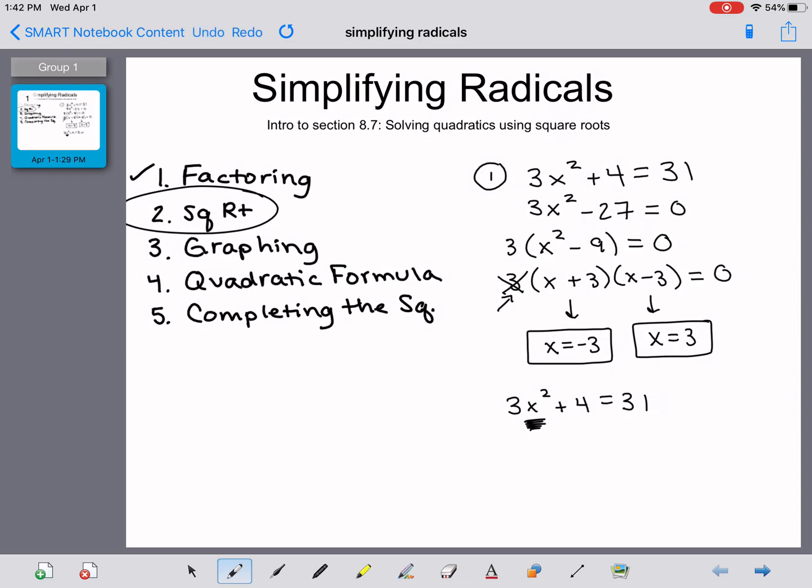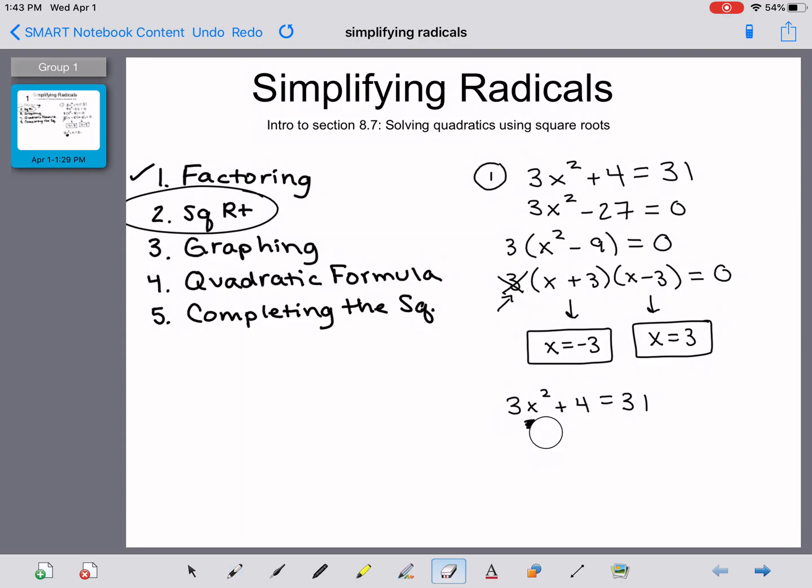You can only do the square root method if it's only x squared and there's no x in the problem. You might want to rewind, hear me say that a few times, and star that and highlight that in your notebook. You can only do the square root method when there's just an x squared in the problem and there's no x, right? The x term is missing.